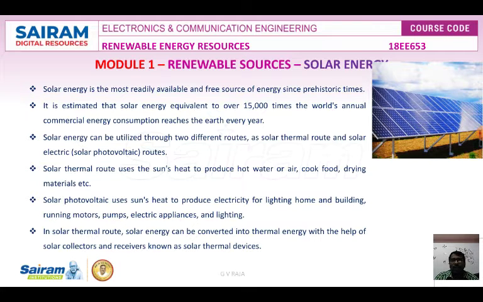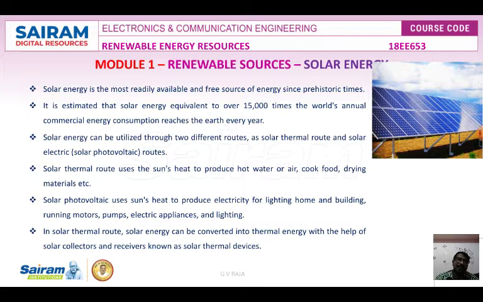The annual amount of energy reaching the surface of the earth as solar radiation is a billion kilowatt hour. Per day, it will radiate more heat or solar radiation.